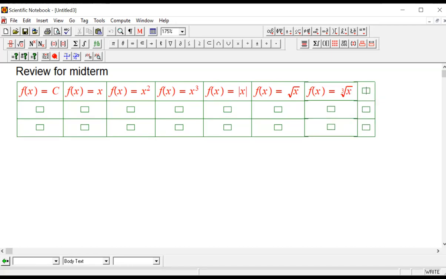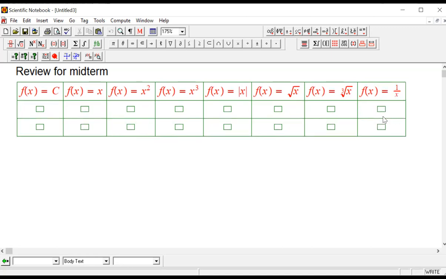The reciprocal functions, 1 over x. This is the first group of functions we studied, and we studied their definitions, whether they're one-to-one functions or not, and also when they're increasing, when they're decreasing, and so on and so forth, and even and odd properties.